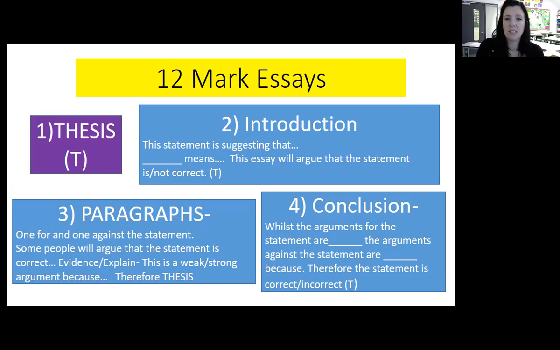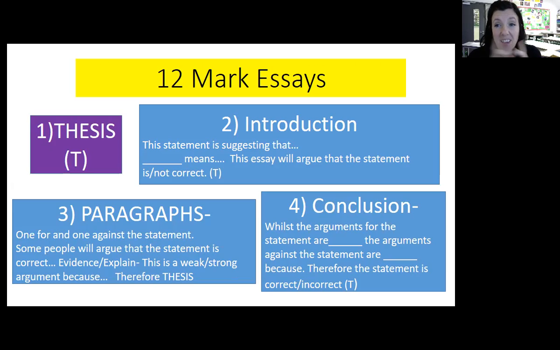Whilst the arguments for the statement are, it depends whether you agree with the statement or not. The arguments against the statement are, and that depends. You have to say which one you think is stronger at the end. So the arguments I've said here were strong, but these were weak, depending on my thesis. So then it's really simple. Therefore, the statement is correct or incorrect. I've just argued the points for and the points against and whether they're strong or not.